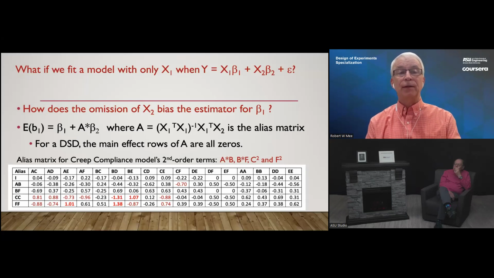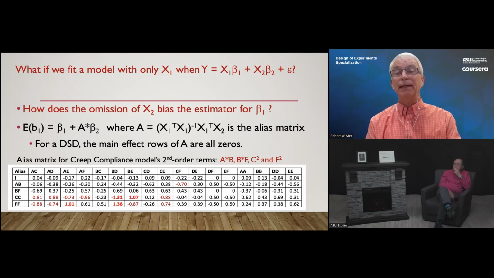So let's consider the author's model for creep compliance, the first response. That model had 4 second order terms, AB, BF, C squared, and F squared. And you'll see that I have rows of the alias matrix corresponding to the intercept and those 4 second order terms.